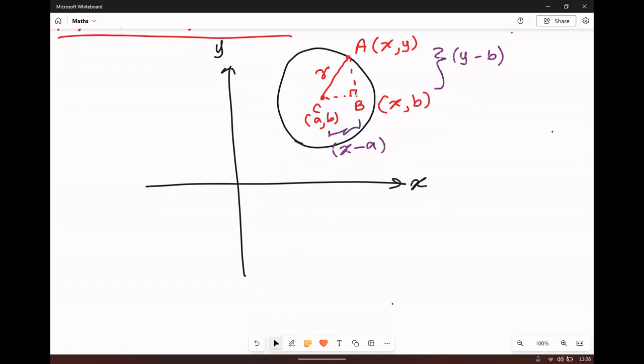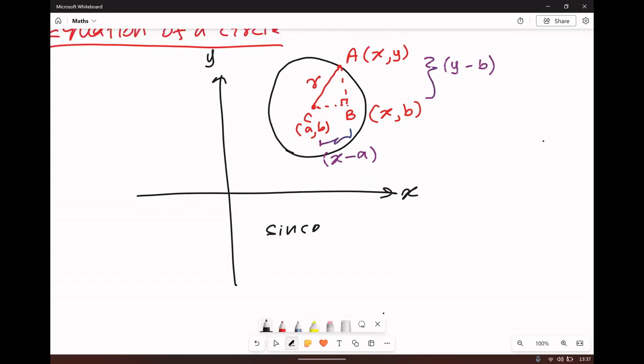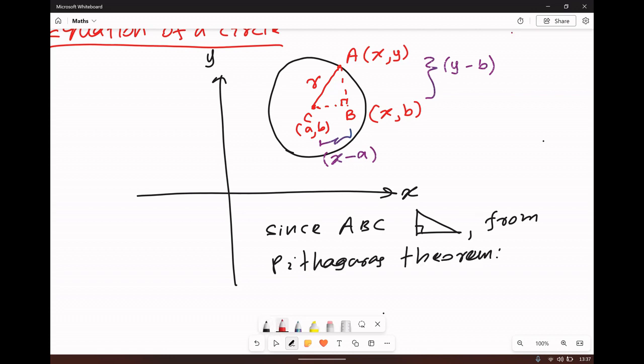So here we have just drawn the circle with the center (a, b). Since ABC is a right angle triangle, we can use the Pythagoras theorem. From Pythagoras theorem, we can write AC squared is equal to BC squared plus BA squared.